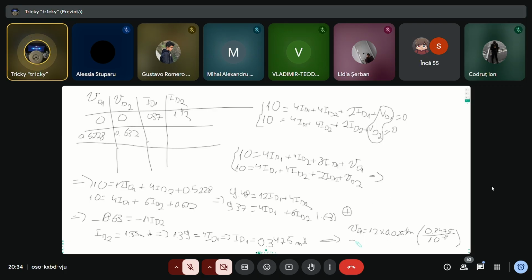This will give us 0.5209 volts, and we will do the same for VD2.